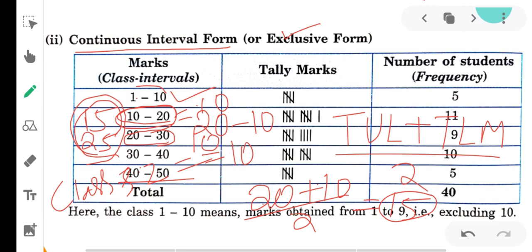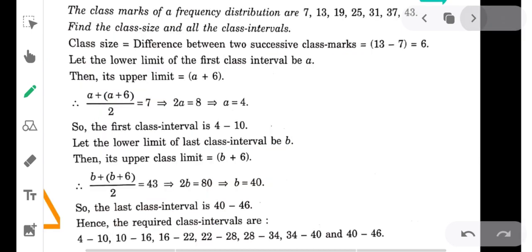That means 25 minus 15 equals 10, and as you can see, the class size is also 10. Clear?